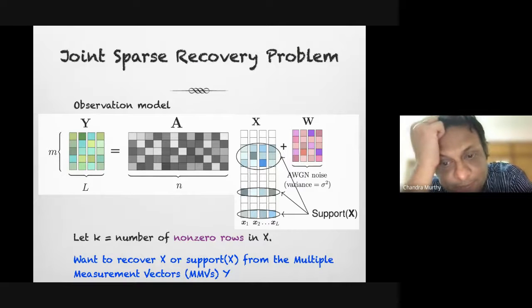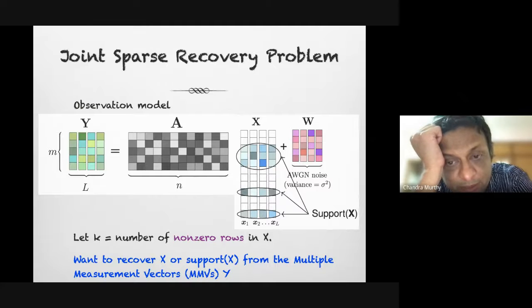Now, the structure we impose on this matrix X is that each of its columns is not only sparse, but the support, or the locations of the non-zero entries, is the same in each column. So, for example, in the cartoon shown here, the entries 3, 4, and 5 are non-zero in the first vector. Then 3, 4, and 5 are the entries that are non-zero in the second vector, and so on.